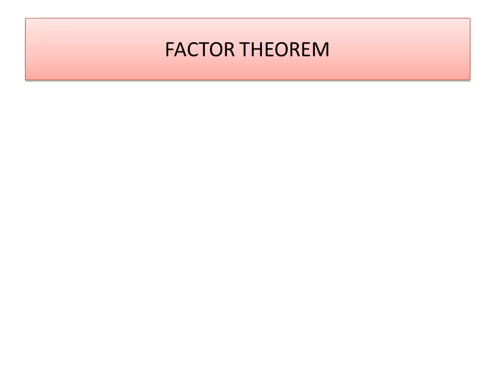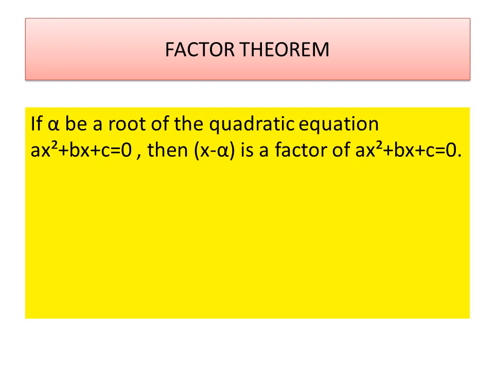Now students, we are going to discuss the factor theorem. What exactly is the factor theorem? If alpha is a root of the quadratic equation ax square plus bx plus c is equal to 0, then x minus alpha is a factor of ax square plus bx plus c.